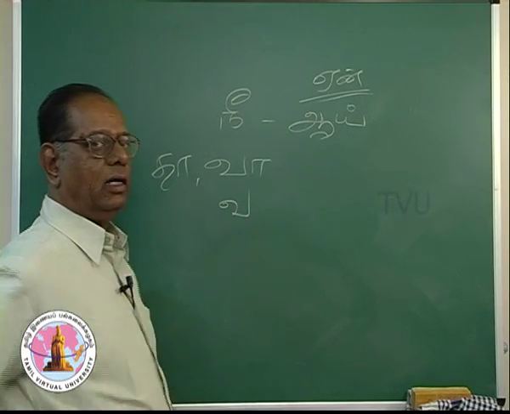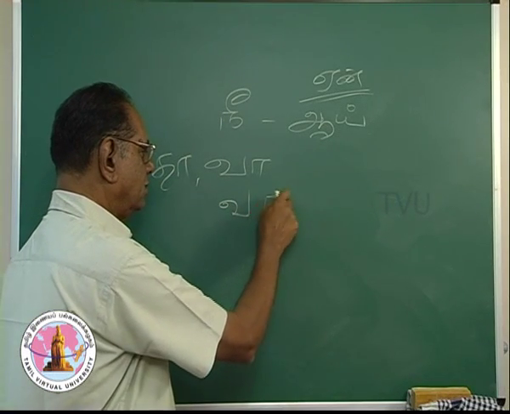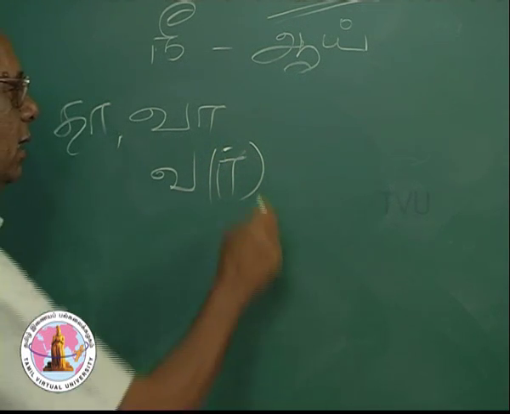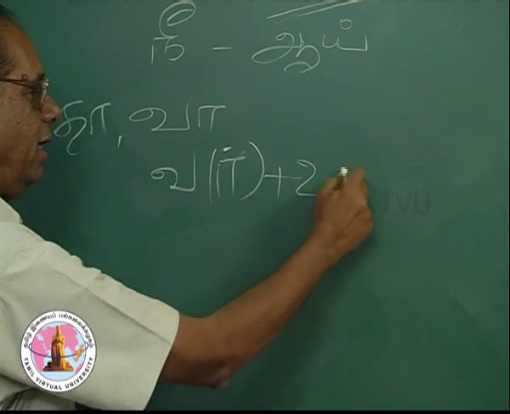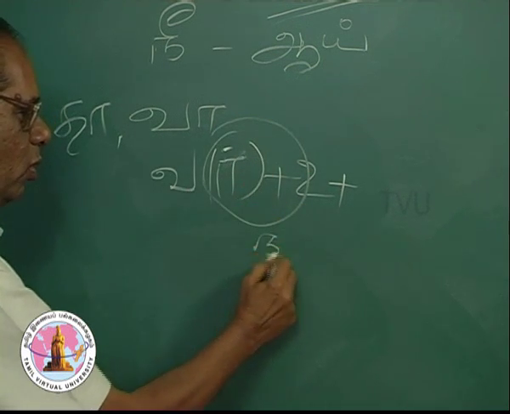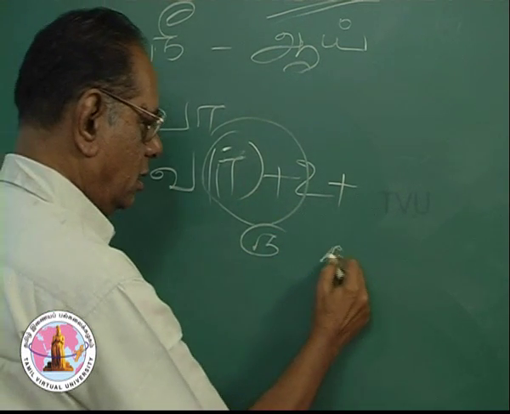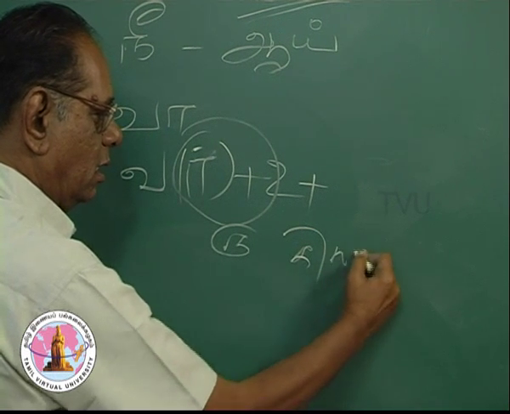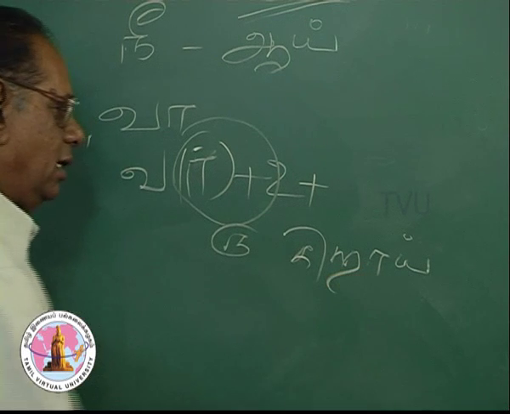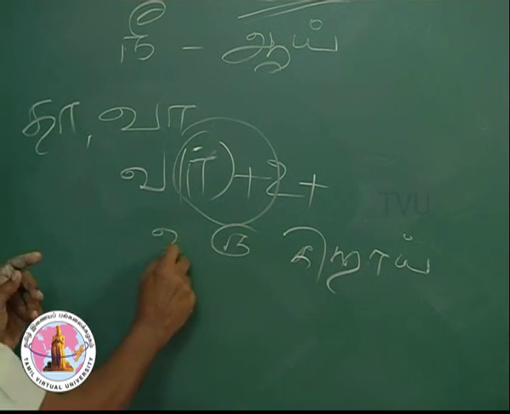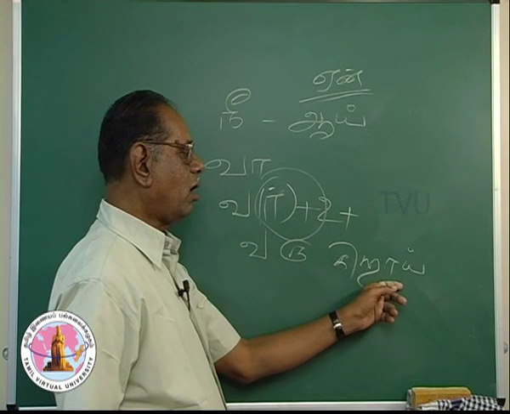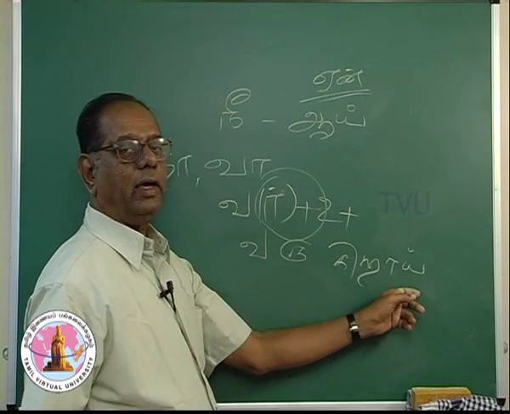It becomes va and it takes r and a vowel is added and they become ru, and then second person singular, varugirai, varugirai.